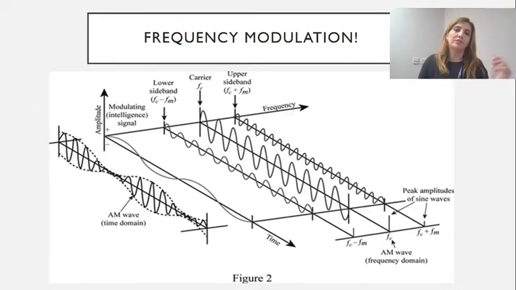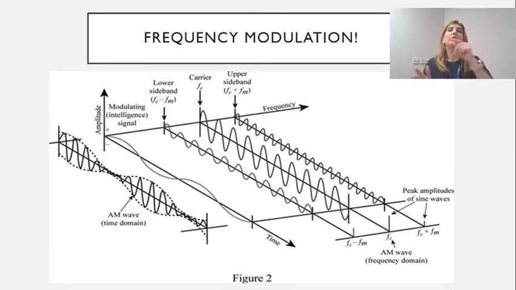Now, if we are looking at frequency, we are looking at the spectrum of the signal. Normally our carrier signal is going to appear at some point as a spike. But because of a phenomenon that I will explain later on, we are going to have some side lobes, and those side lobes are known as bandwidth.